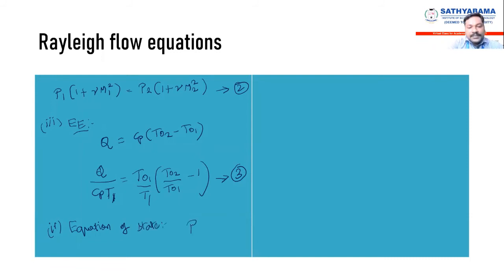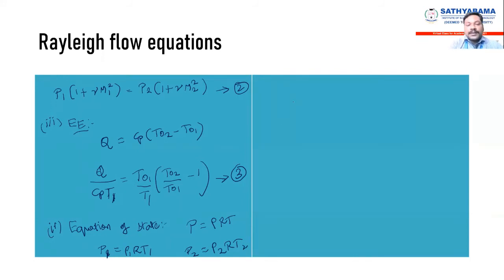It was always P is equal to rho R T, right? And you are considering P1 is equal to rho 1 R T1 for the initial case, and then the final case is P2 is equal to rho 2 R T2, right?